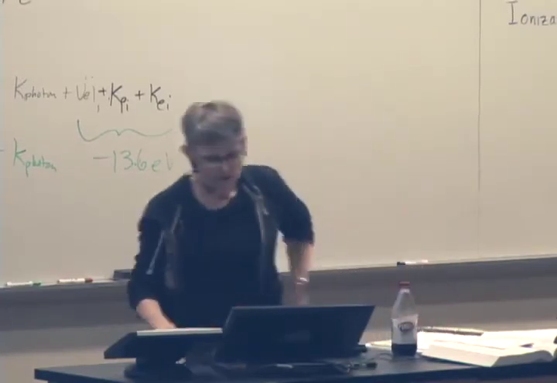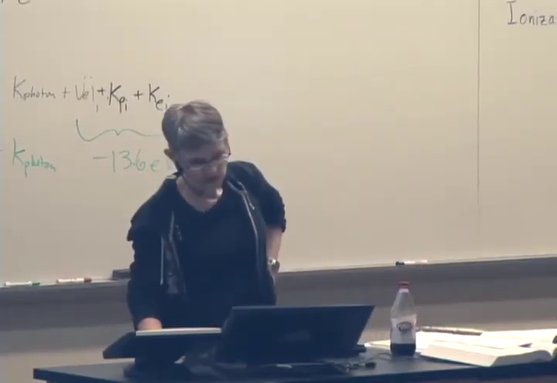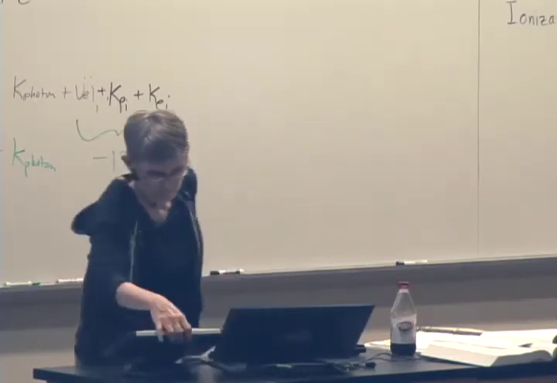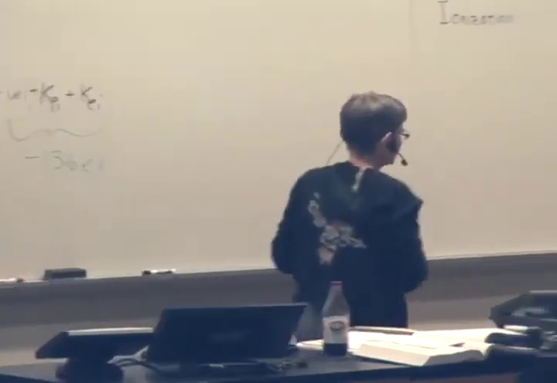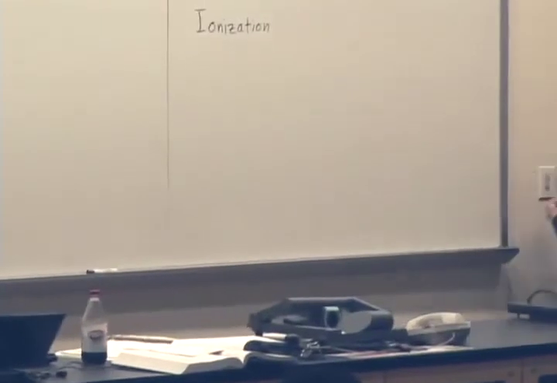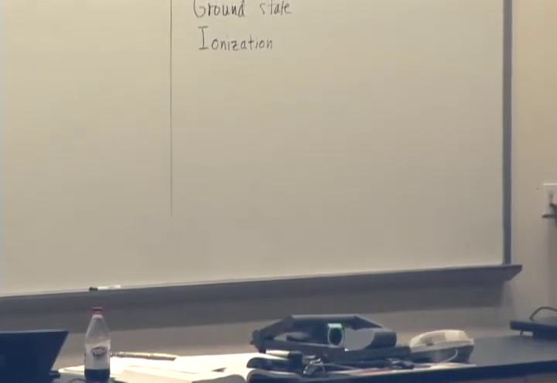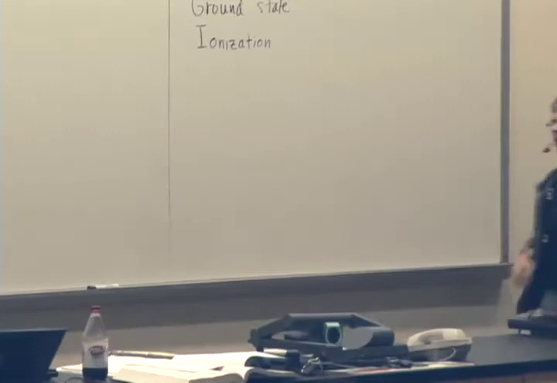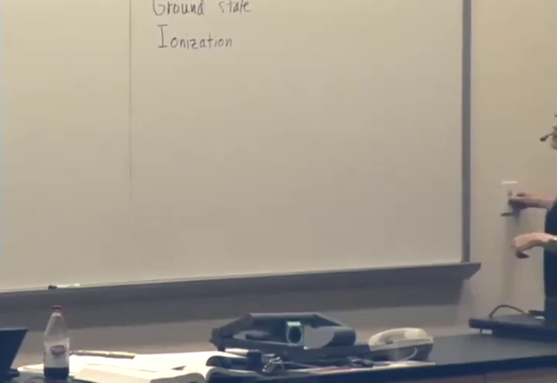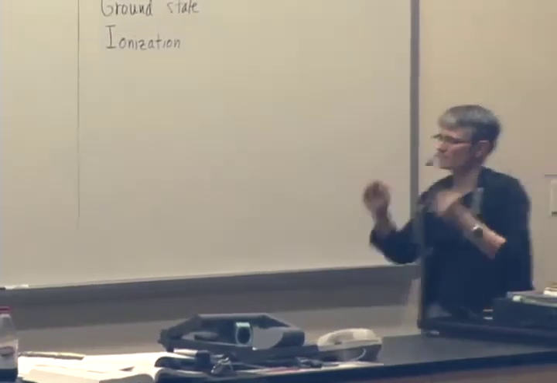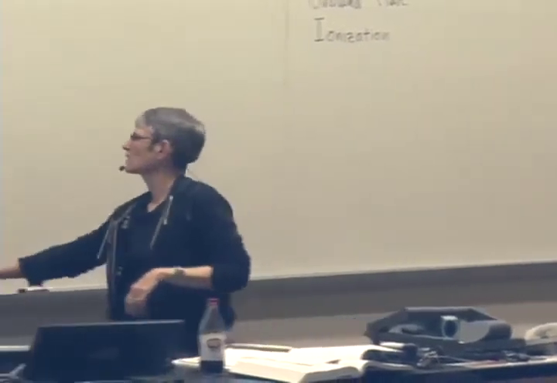So now I want to actually look at an example of the kind of problem that Niels Bohr actually had to do to figure out what the values of the energy levels for this bound system hydrogen atom really were.